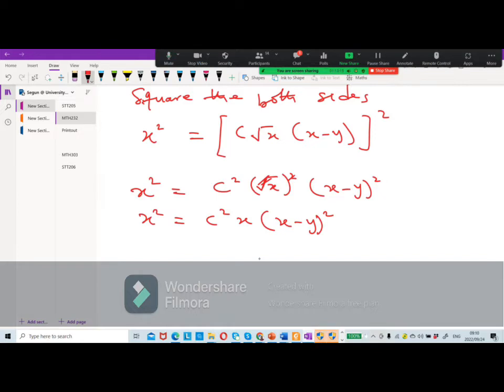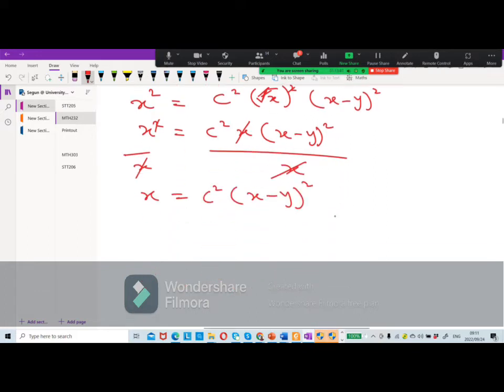Let's divide both sides by x. x is here. This one cancels this. This remains only x. So it makes my life simple now. I have x on one side. On the other side, x is equal to c squared into x minus y squared. So at the end of the day, don't forget our c is still a constant. c squared is still c.